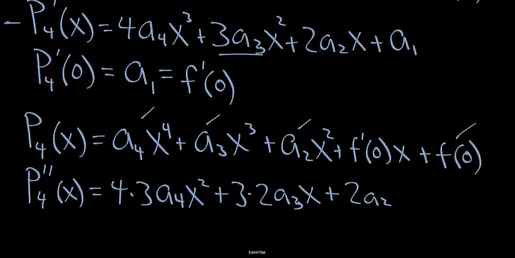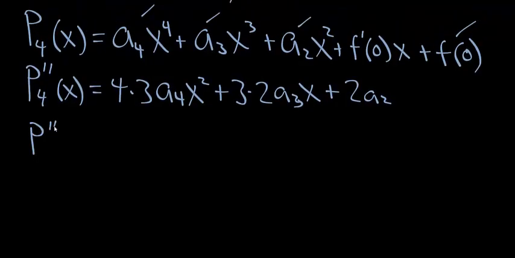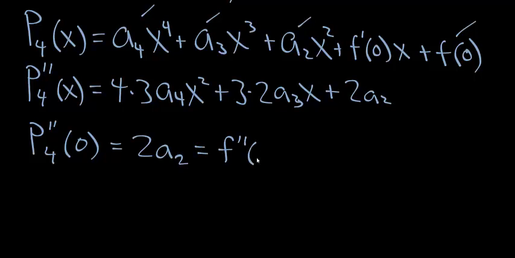But anyway, let's put a 0 in here. And if we put a 0 in here, dig what happens. All of these that have x's in them go out, and we just have 2a2, right? Y'all see that? Now remember, this has to equal f double prime of 0.